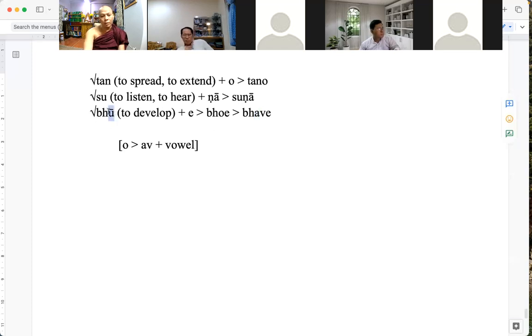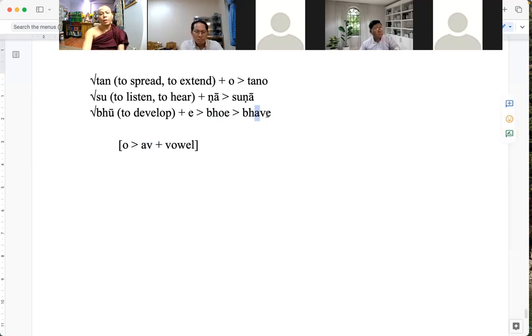Secondary root vowel, the result of u to o. So this also we can say is the root vowel.